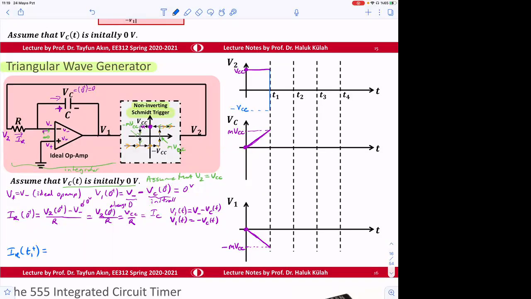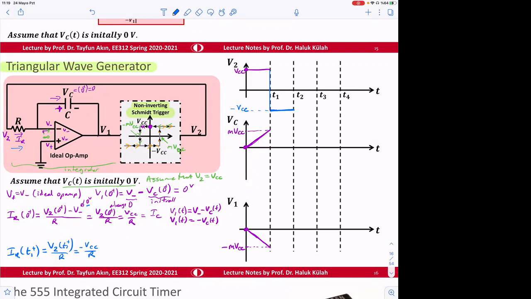becomes, again, V2 of T1 plus divided by R, because this is always 0. And V2, that becomes minus VCC over R, because this switches to here now. So the current through here becomes negative.